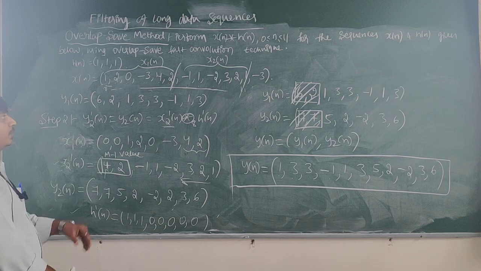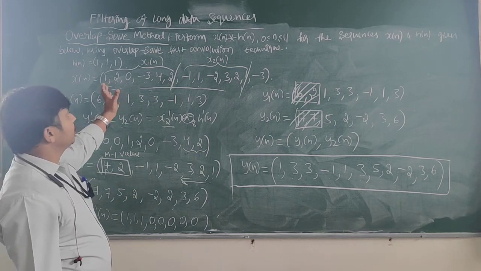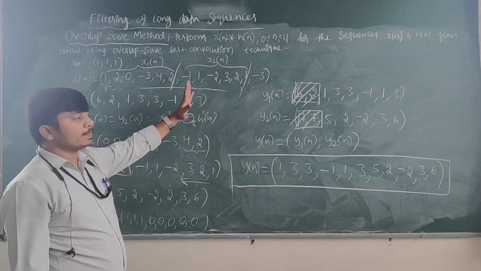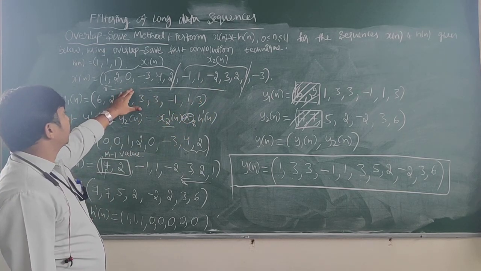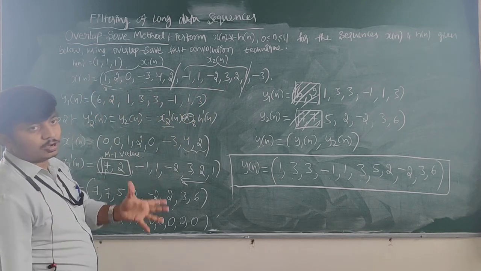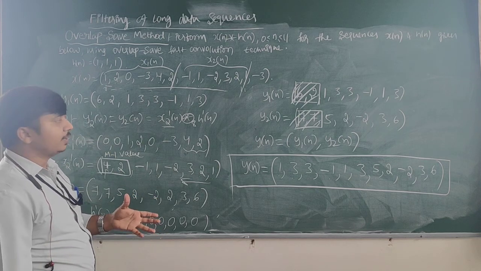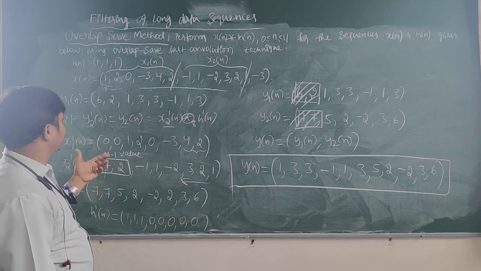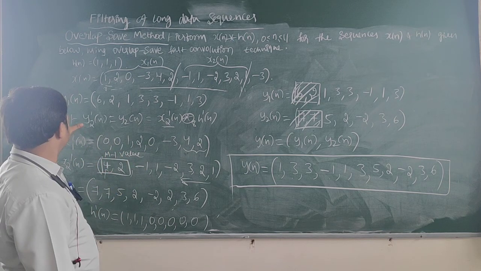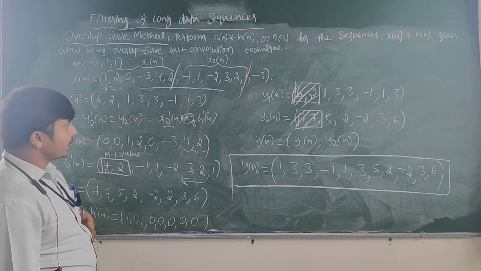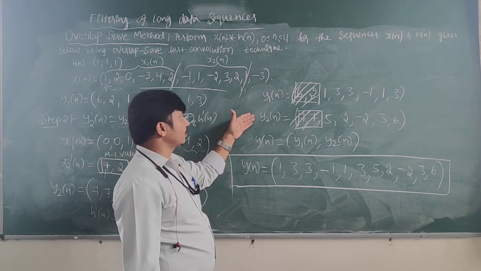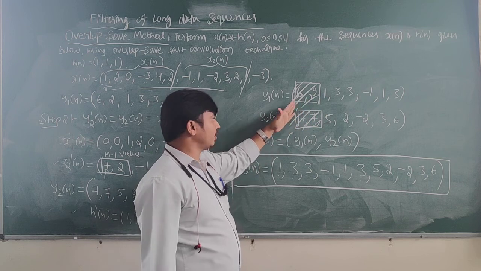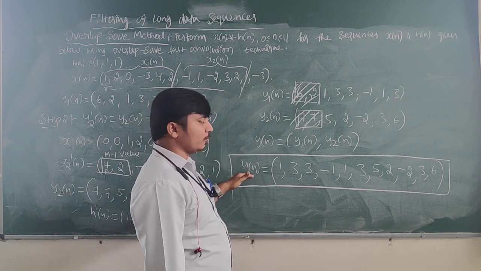Understood? We have divided this x of n into several segments, and we calculated the length of each block, which is equal to 8. Then I computed the circular convolution of each block with h dash of n, and these are the outputs. Now I discard the first m minus 1 values in order to obtain the final output y of n.